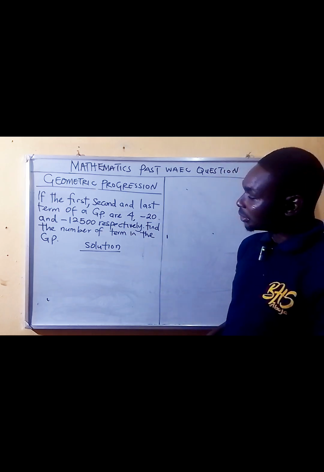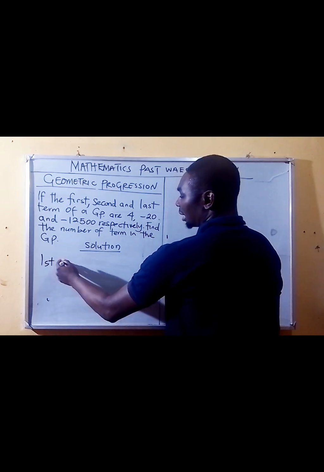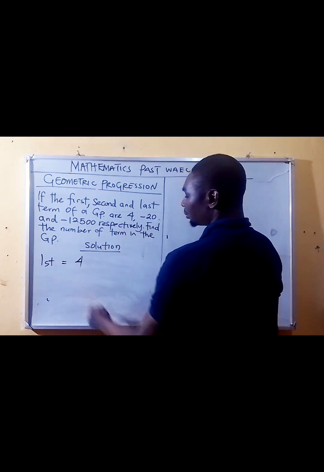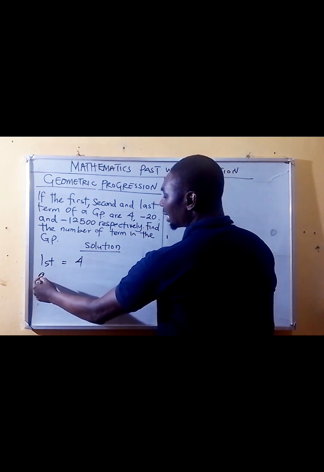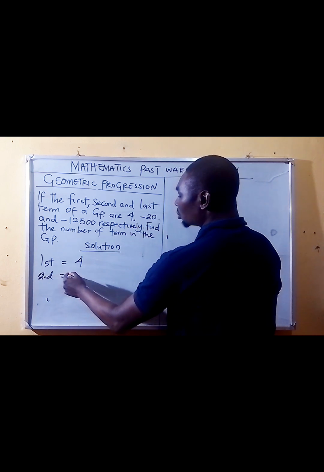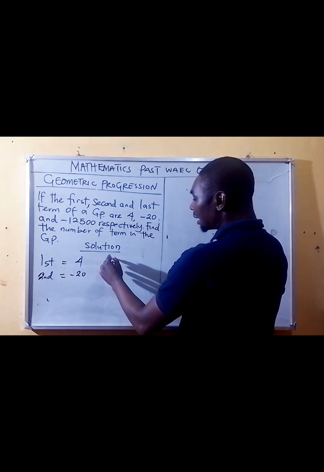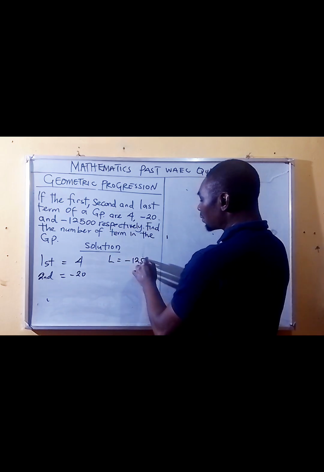Now, you can see from the question that the first term is equal to what? 4. And we were told that the second term is equal to what? Minus 20. And the last term here is minus what? 12,500.